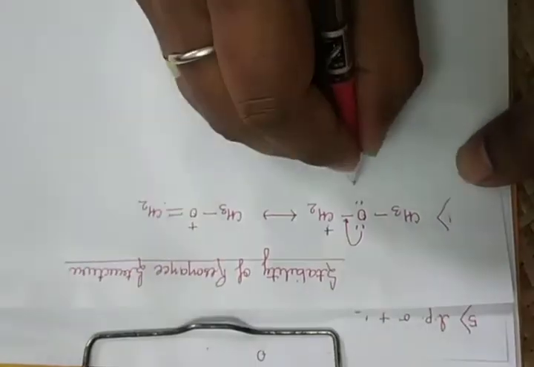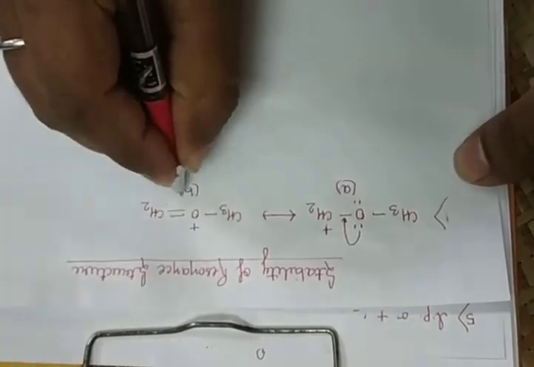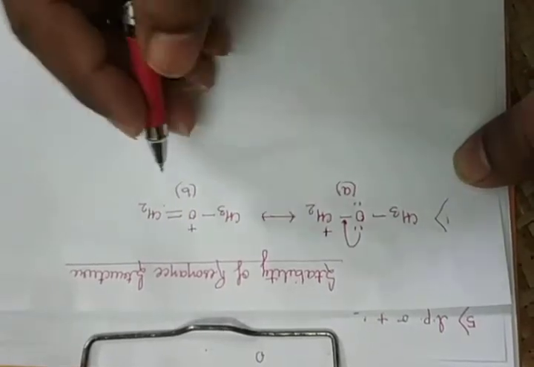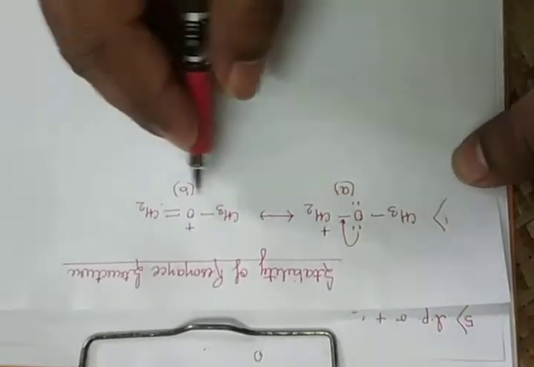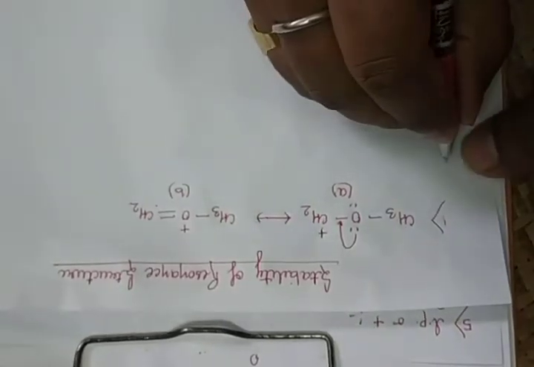Now there is structure number 1 A and there is B. So now the question is, which is more stable, A or B? How do we identify which compound is more stable? So now there is rule number 1.